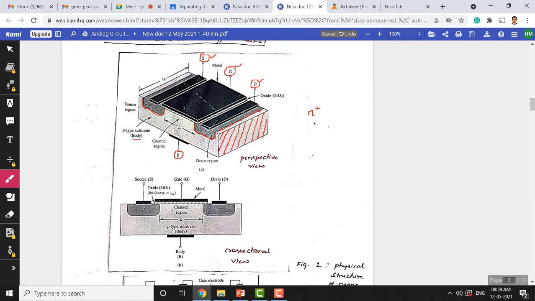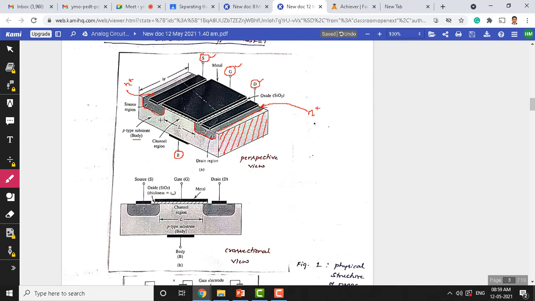This is an N plus region, and the same here, this is also an N plus region. At the bottom we have a P-type substrate. In general, a MOSFET has a P-type substrate and two N plus regions, one of which we call the source region, and the other the drain region.